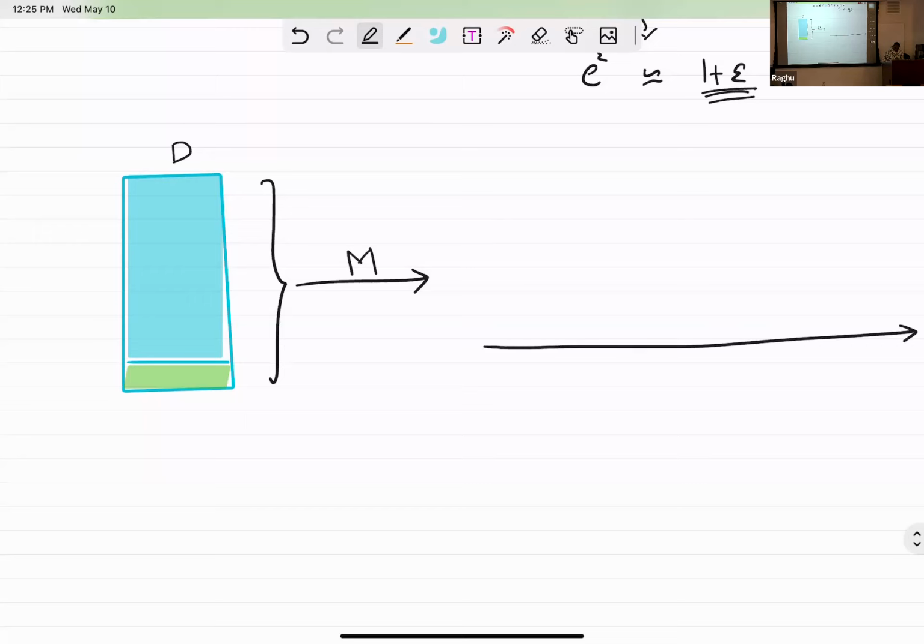And let's say the output is the real line. Maybe you're just outputting a single real number.